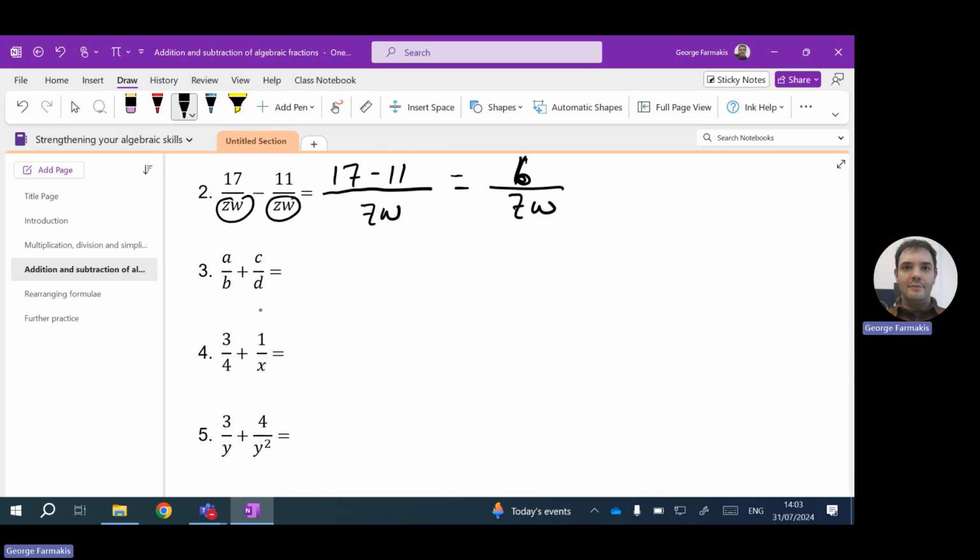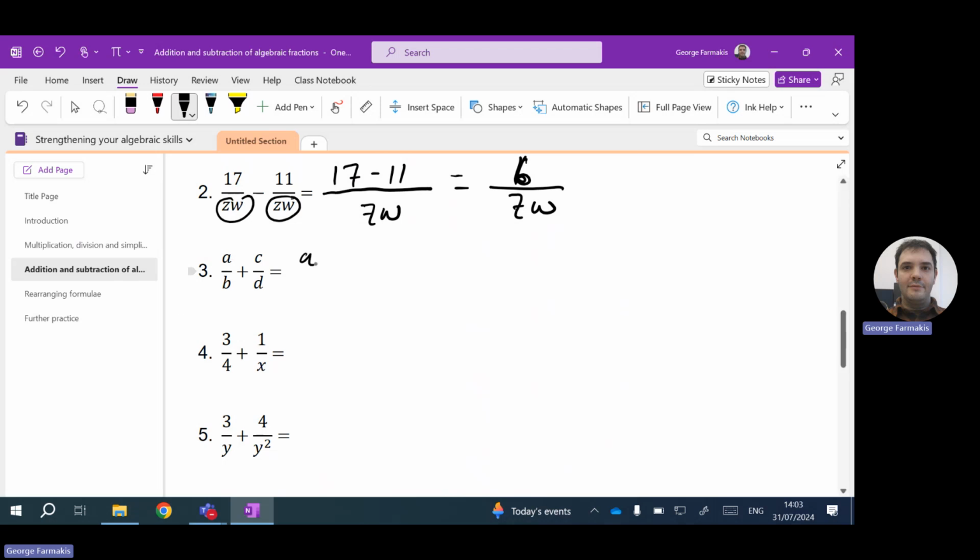Let's do example 3. For example 3, we can see it as the general case of adding algebraic fractions. So we have a over b plus c over d. Now, a over b, I can write, so if I multiply the numerator with d, I multiply the denominator with d.